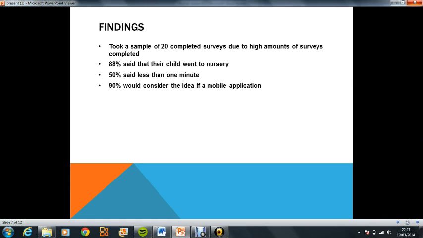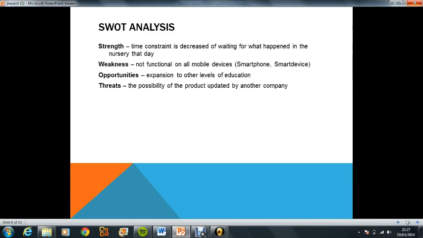We wanted a higher percentage of this, but unfortunately this is not the case. The final was 90% would consider the idea of a mobile application. So we basically said that if there was another relevant way for them to get the information without having to wait for such a long time for the nursery worker to explain, so through this mobile application, it showed that there was a high number of people that would be interested.